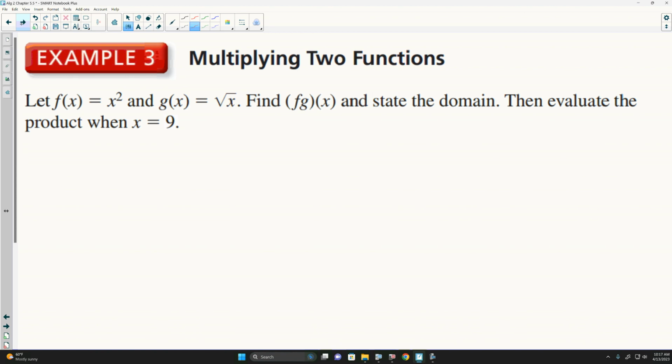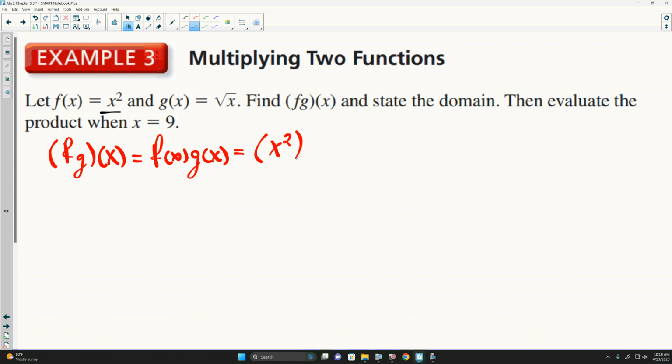Multiplication. So our product, f times g of x, is the same as saying f of x times g of x. Now for us here, we can replace f of x with its function, which is x squared, and we can replace g of x with its function, square root of x.